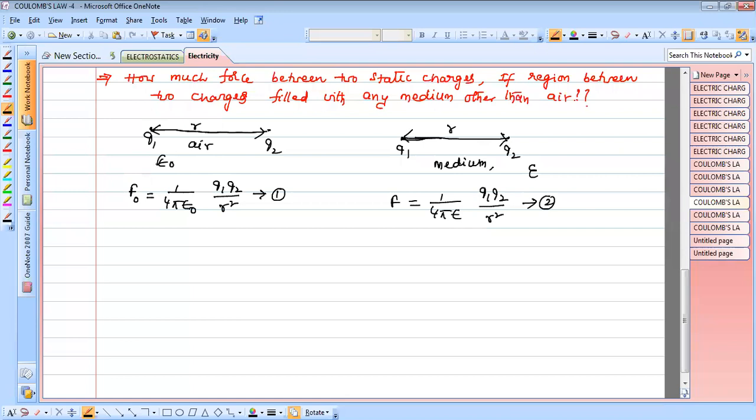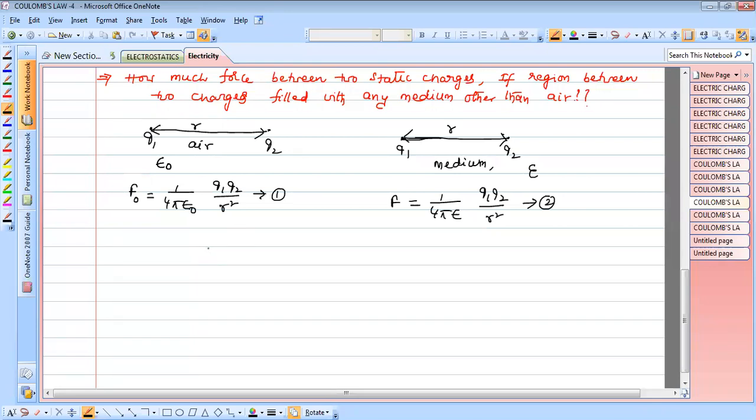In one, the medium is air, with permittivity of free space epsilon naught. Now the two static charges separated by a certain distance are in air in one case and in a medium in the other case; the forces are given here.